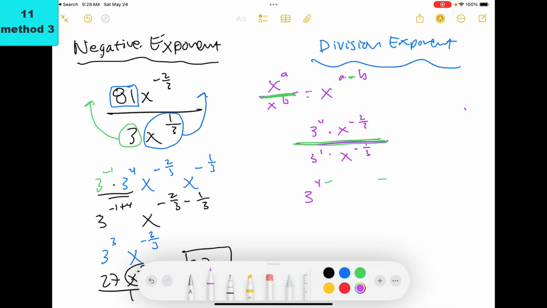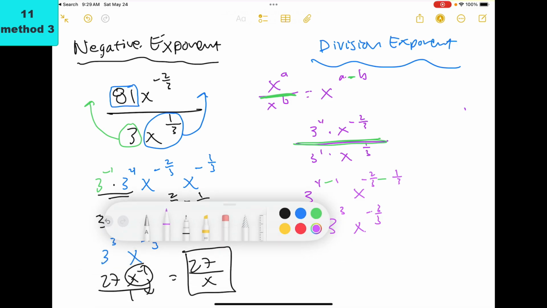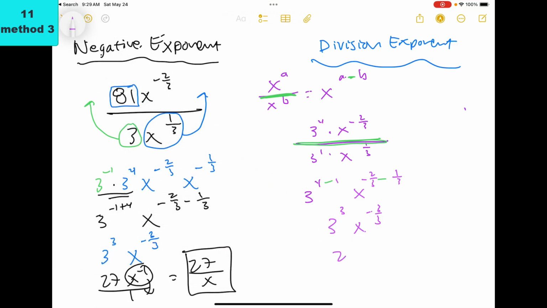So 4 minus 1, and then x to the -2/3 minus 1/3. And then if you simplify that, you'll pretty much get the same thing. 3 to the 3rd power x to the -3/3, and then you would just simplify like we did. That becomes 27 over x.